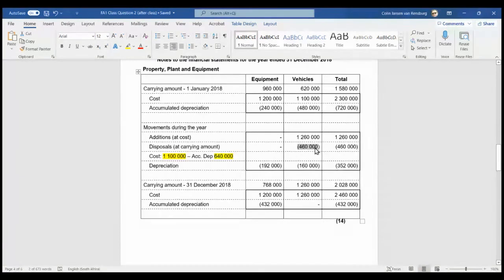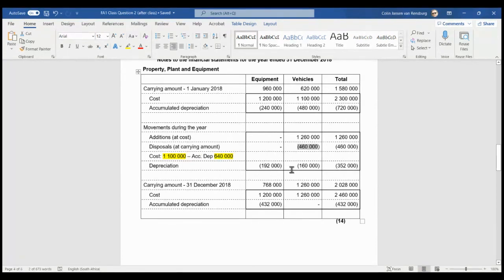We are selling it, so it will decrease our carrying amount at the end of the year. We've actually, earlier on during this class, we also calculated the carrying amount, you remember, right?